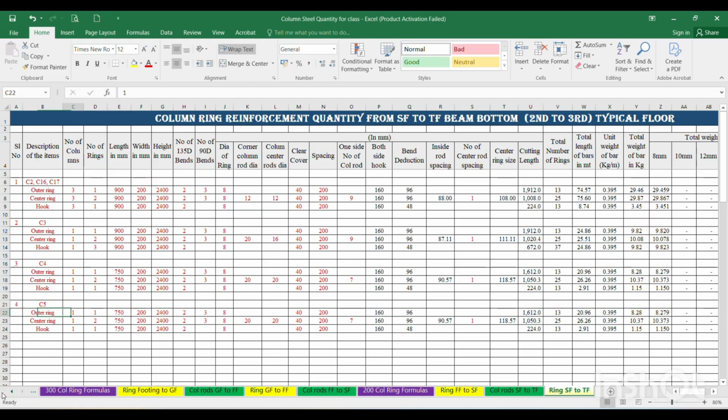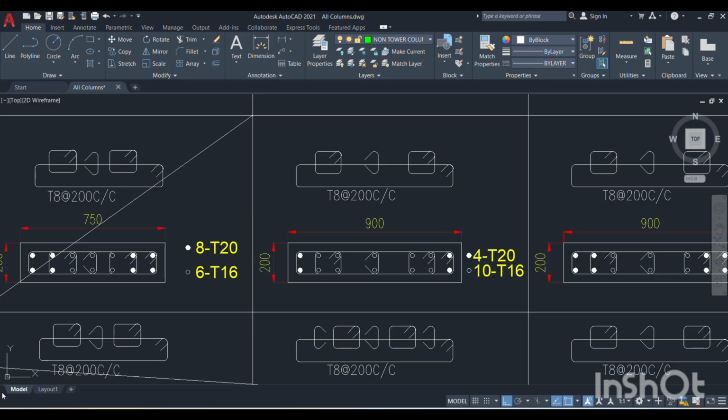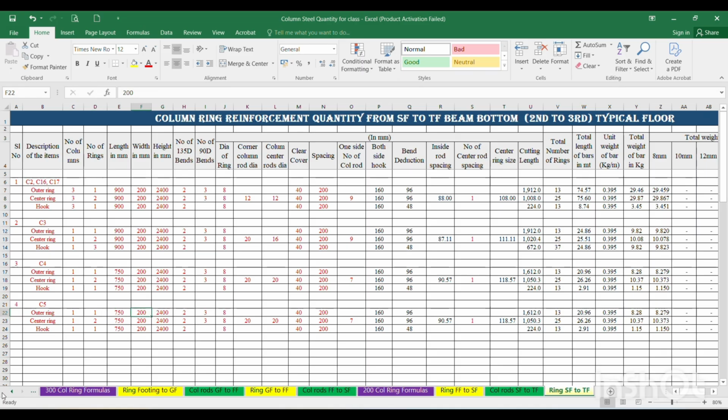What C5 is saying, the number of columns is 1, and the ring pattern is outer ring 1, center ring 2, and 1 hook. The same thing is there, and the size is 900, 200 is the width, height is 2400, and 135 and 90-degree bends are same, dia is same.